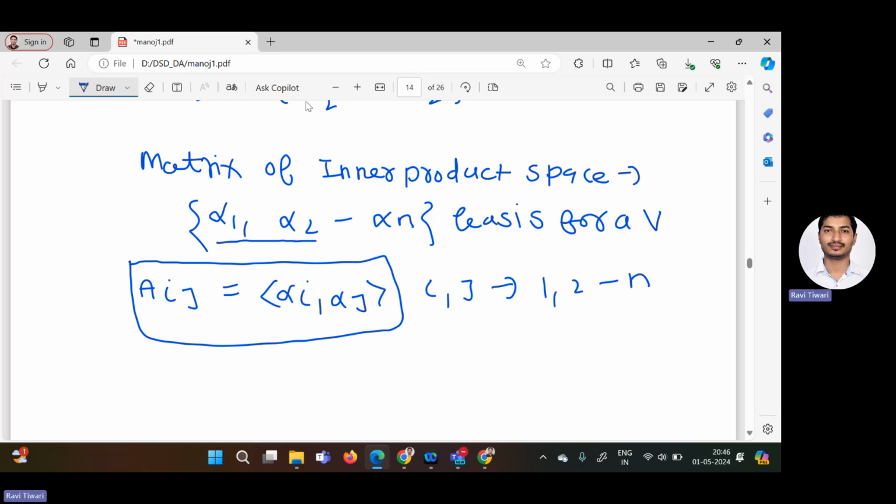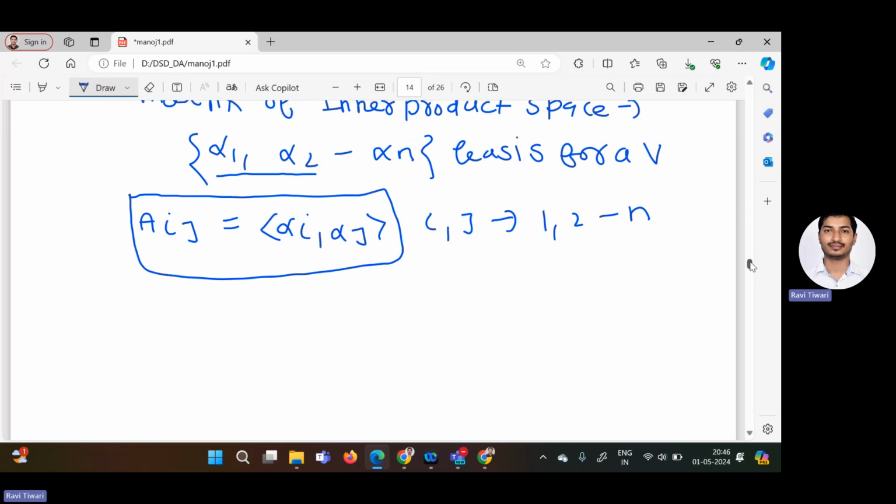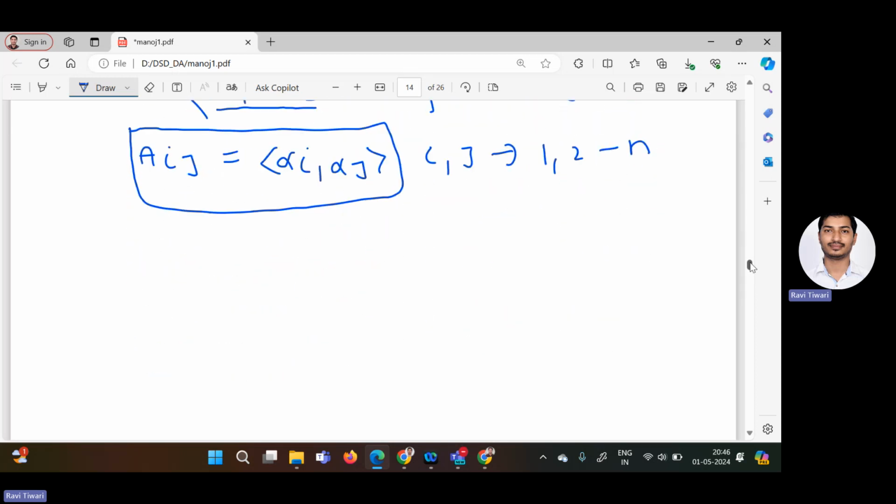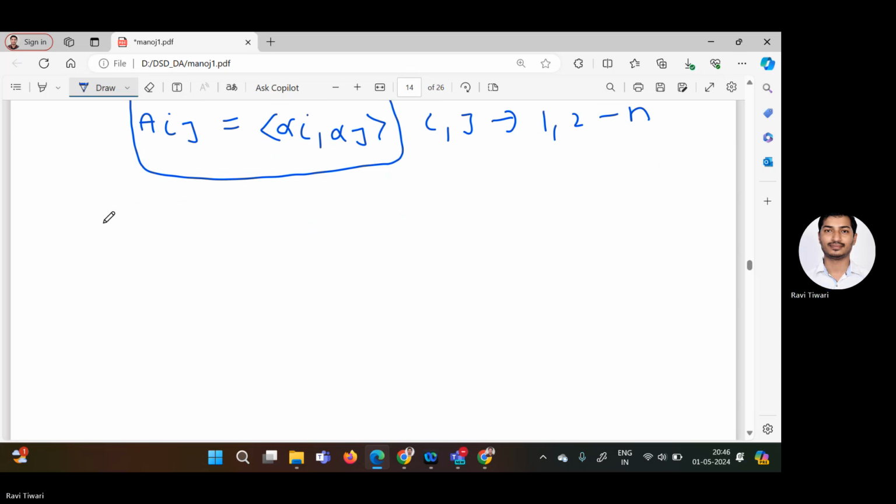Let us assume one problem. One more thing you can remember: the obtained matrix of an inner product space is always a symmetric matrix. Why symmetric? Because the inner product of V1 and V2 must be equal to the inner product of V2 and V1. For example, A12 will be the inner product of alpha 1, comma alpha 2.